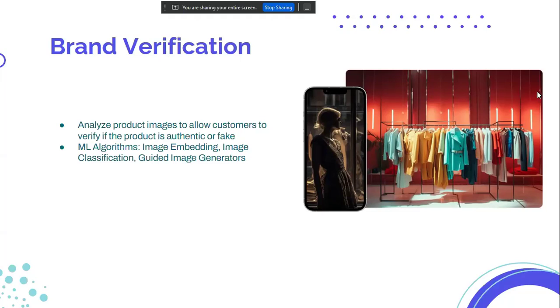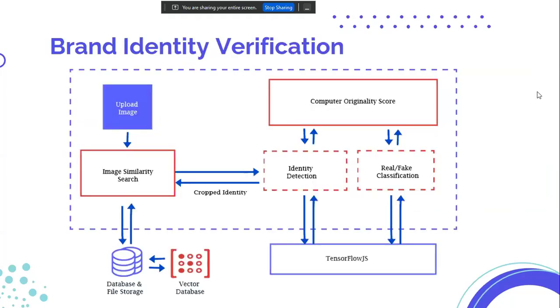So you can use machine learning and AI to analyze images of a product and tell if they are authentic or fake. The algorithms used here are image embedding, image classifiers, and guided image generators. And this is how it will look.